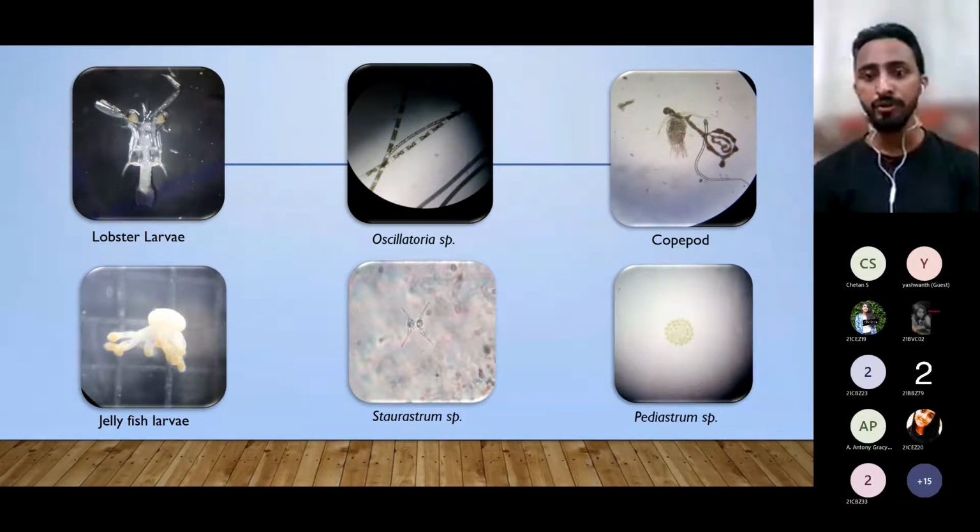They constitute the majority of the zooplankton family, and they are of 10 species, out of which three are very common and free living, found in the aquatic system. The picture here is a cyclopoid copepod larva, which is the most common of all the copepod species. Apart from that, you can see three other pictures, that is Oscillatoria, Staurastrum, and Pediastrum.